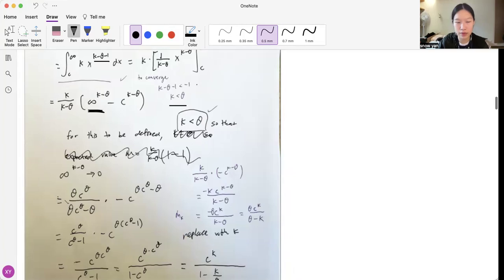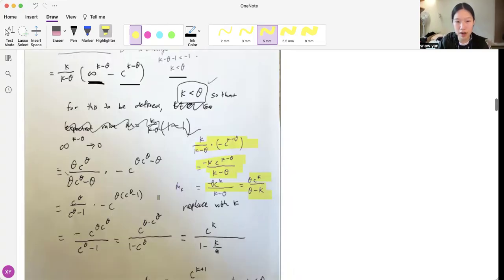After this, since this thing tends to 0, I just have this term left over, so it would be theta c^k divided by theta minus k. I do a bit of algebra, simplify, and that would be my answer for the moment.